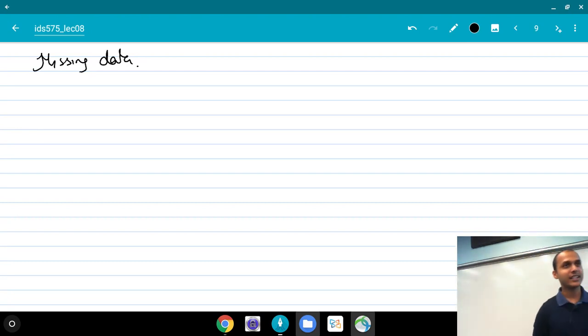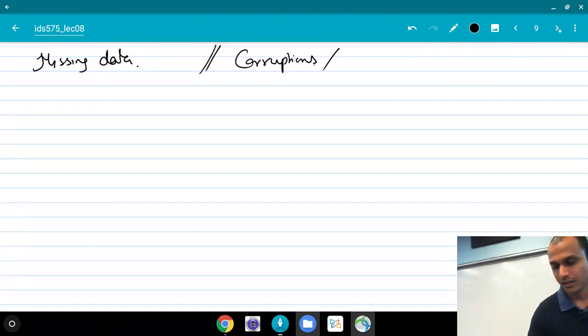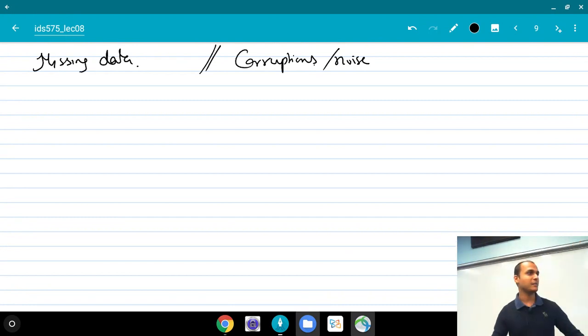There are different ways to have bad data. Missing data is one, where you have a lot of NAs or NaNs in your tables. But there's also the previous thing I mentioned, which is corruptions or noise. It's not really noise; it's like arbitrarily some entries are completely off.